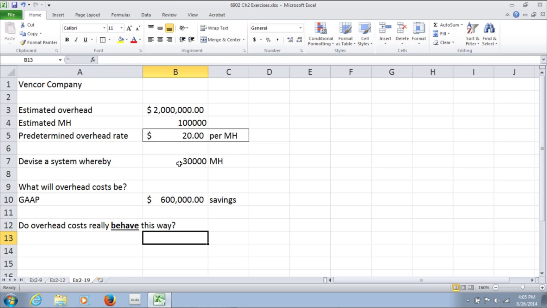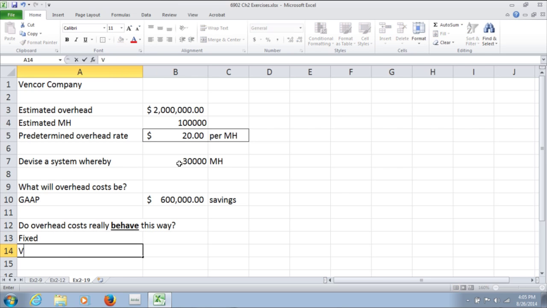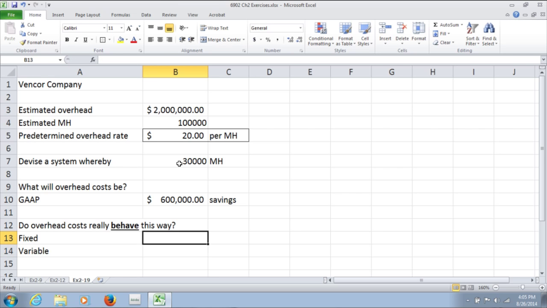Well, here we have to examine cost by behavior. So of the estimated overhead, we can break this down into fixed and variable components. So we're told in the problem that 80% of the overhead is fixed and is related to depreciation, which means that the remainder, 1 minus 80%, or 20%, would be variable.